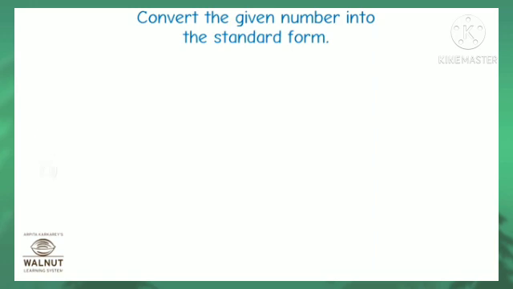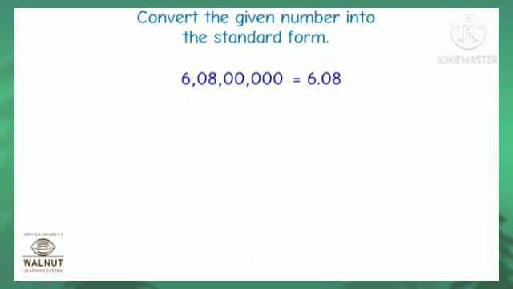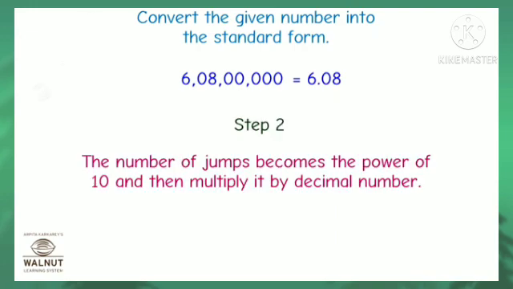Convert the given number into the standard form. 6 crores 8 lakhs. Step 1. Convert the large number into a decimal number, where the decimal is placed after the first non-zero digit. So the number is equal to 6.08. Step 2.